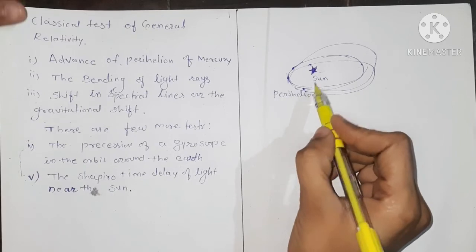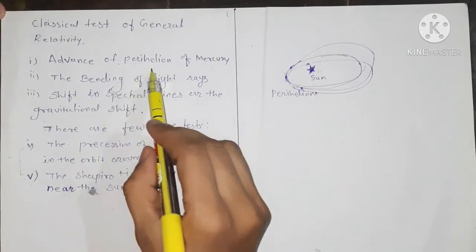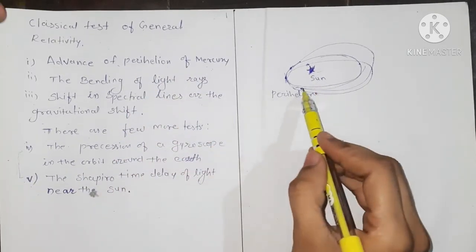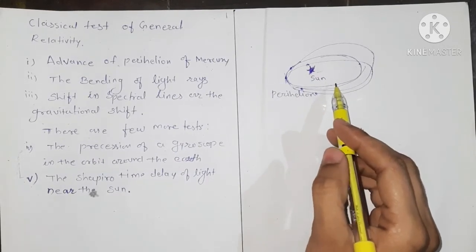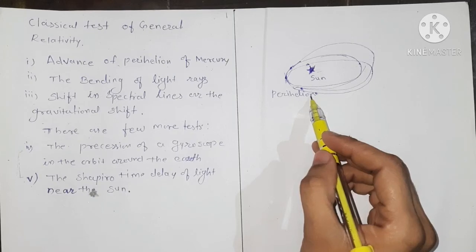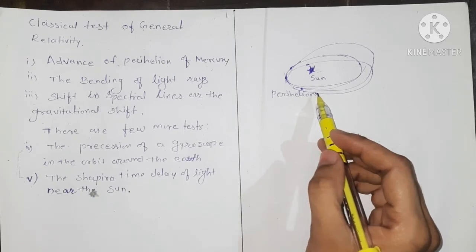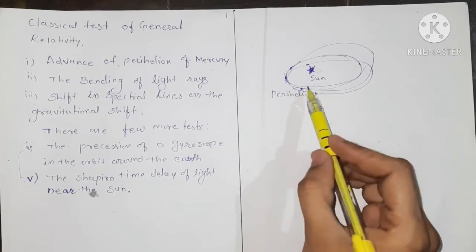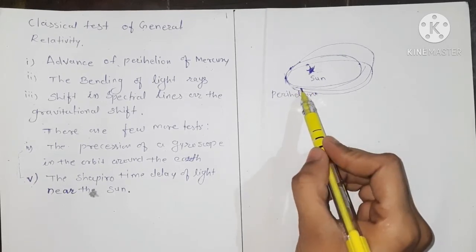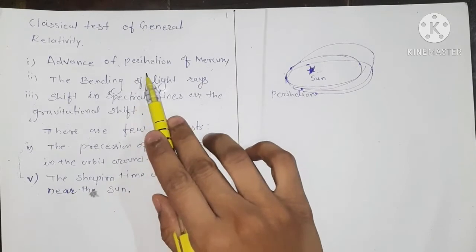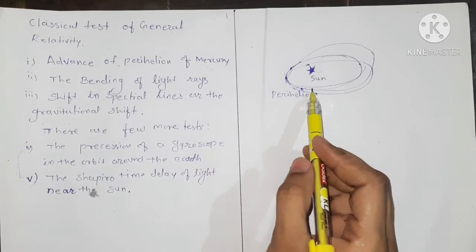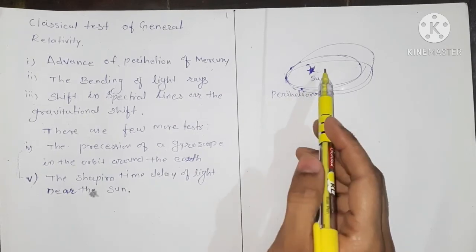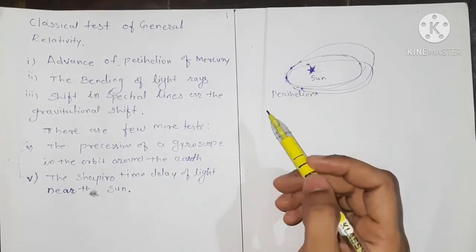Okay, so Einstein studied this, that this precession is very small, but it is absolutely precise. This precession was predicted first, and then it was proved that it is correct. So we have to derive what the slight shift in the perihelion of Mercury is.